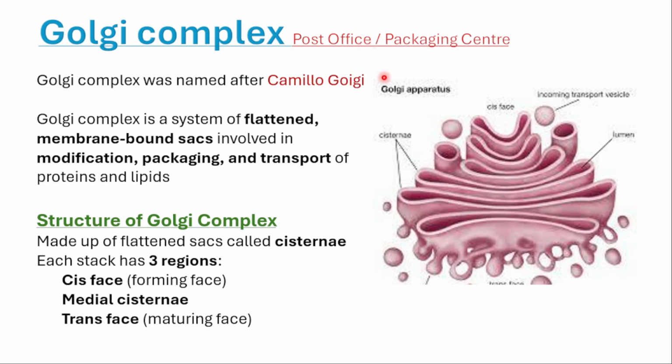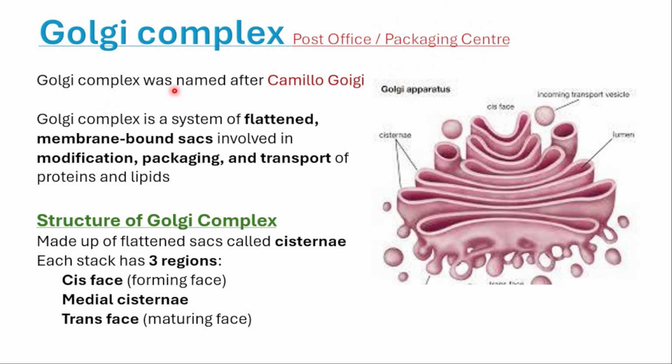Whatever the ER releases is transported to the Golgi, and the Golgi takes that material and packages it. If some protein is formed in the ER and transported to the Golgi apparatus, the Golgi packs that protein into a fine structure and releases it. That's why it is called a packaging center.